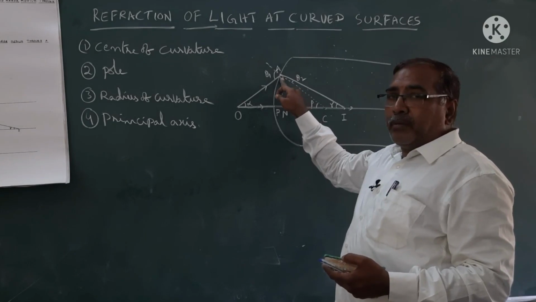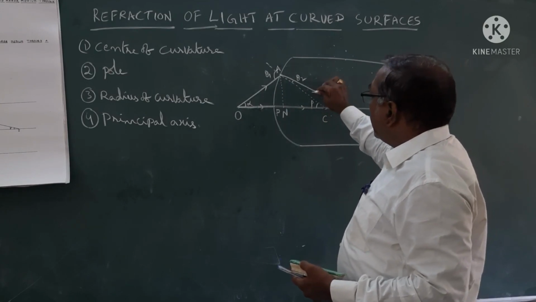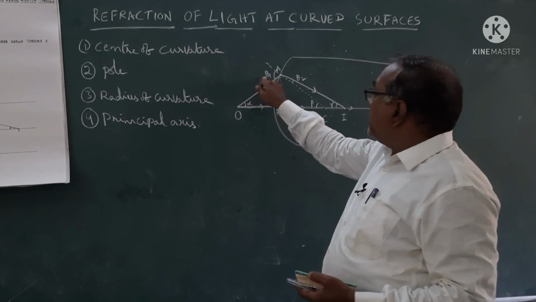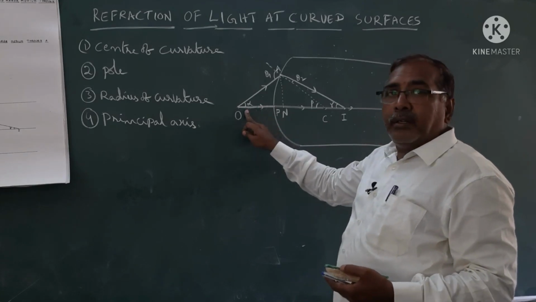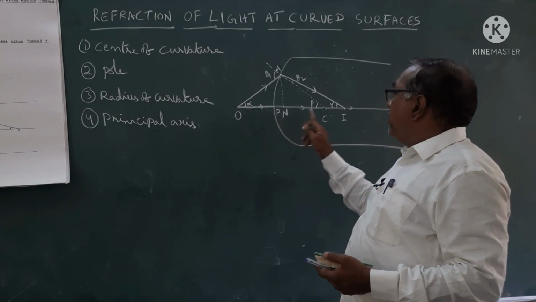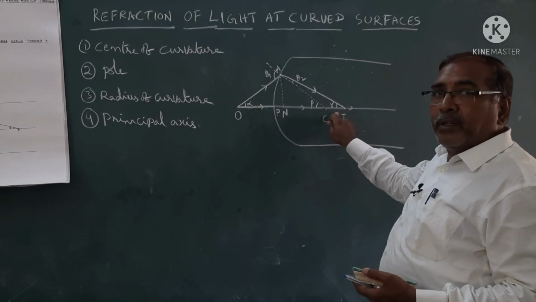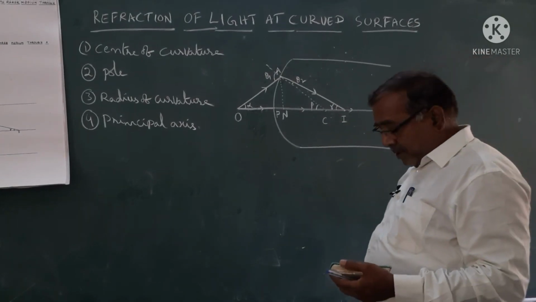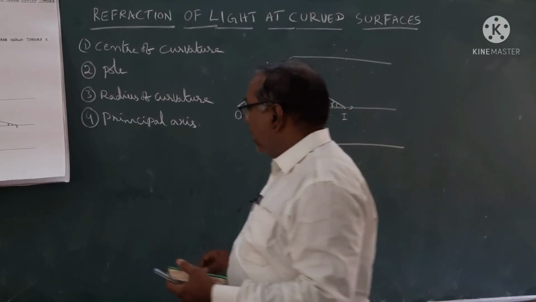After refraction, it bends towards normal and passes like this. Here theta 1 is the angle of incidence, theta 2 is the angle of refraction, alpha is the angle the second ray makes with the principal axis, beta is the angle between the normal and the principal axis, gamma is the angle between the refracted ray and the principal axis. Okay. Now, consider the triangle.